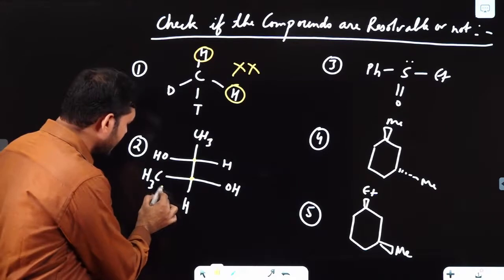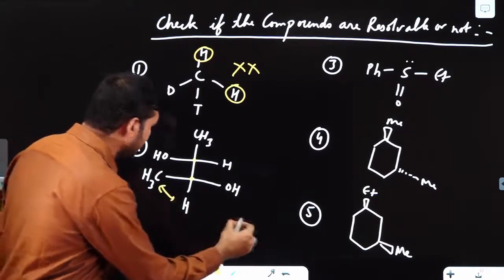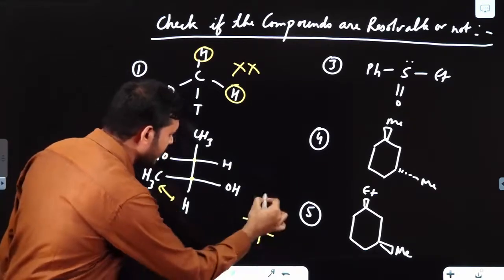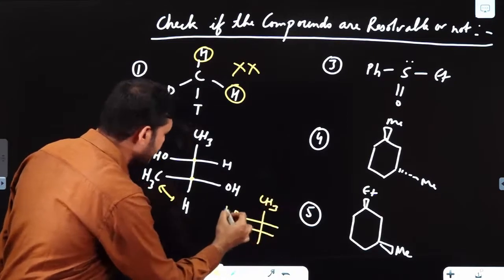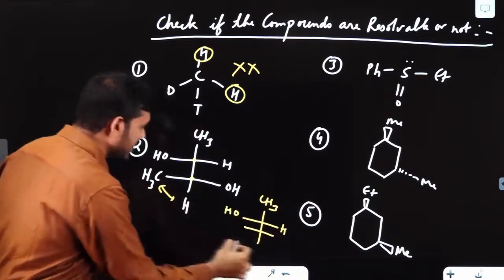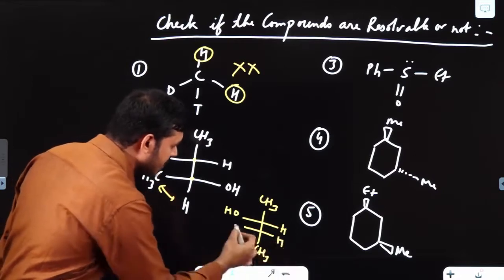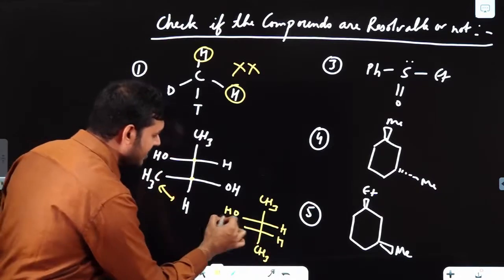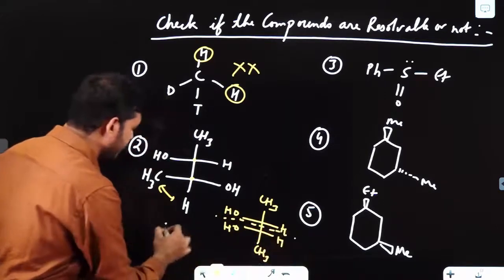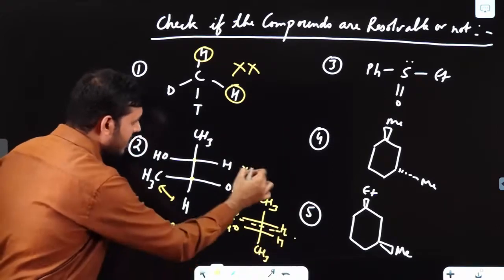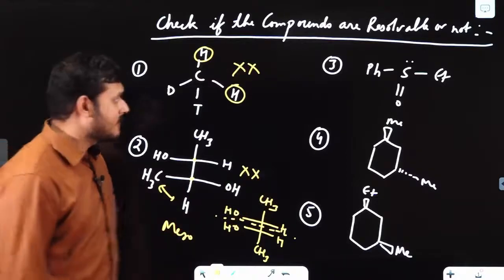Suppose I interchange this CH3 and hydrogen. CH3 will come here, hydrogen comes here. Now on another interchange, H comes here, OH comes here. See, this is your meso, non-resolvable.